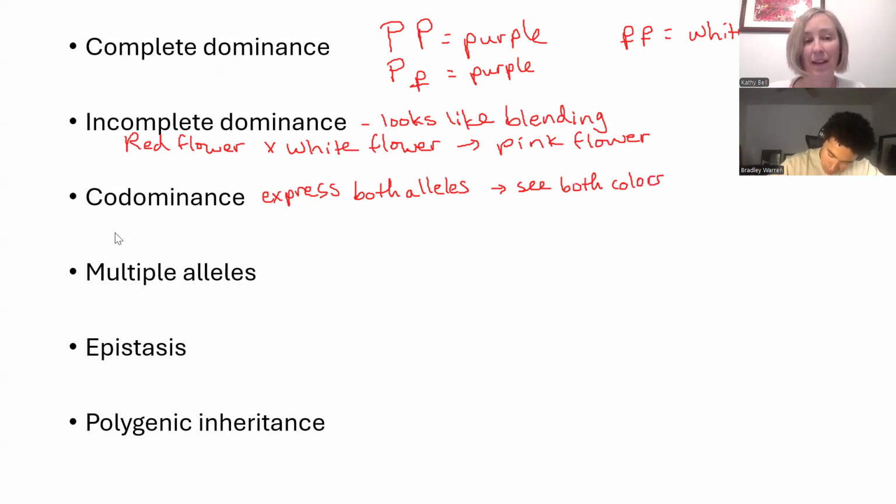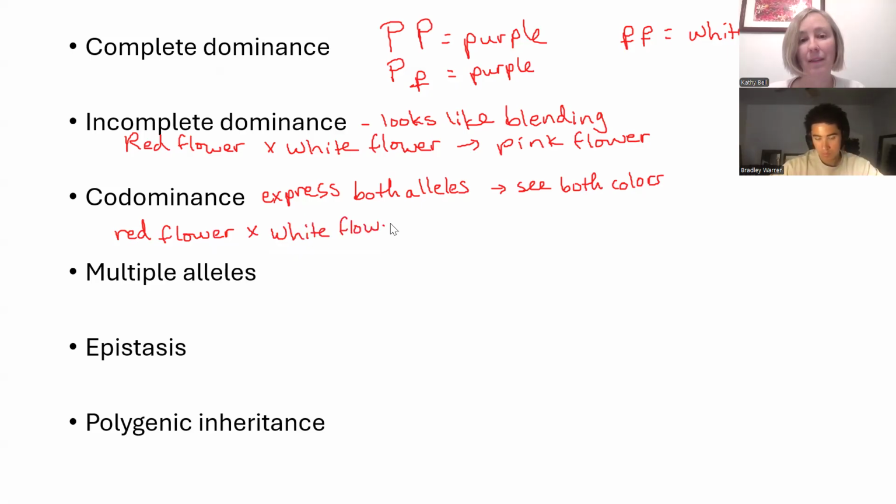If you had this example with the red and the white flower, the offspring would have flowers with both red and white mixed together.